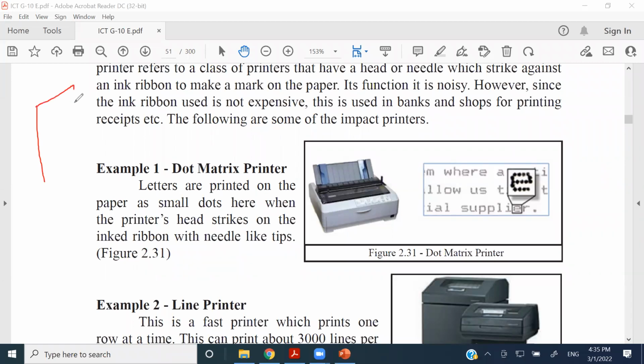This is the sheet to be printed, and there is a ribbon in front of it in the dot matrix printer, and then this small head device connects to an arm of the printer.